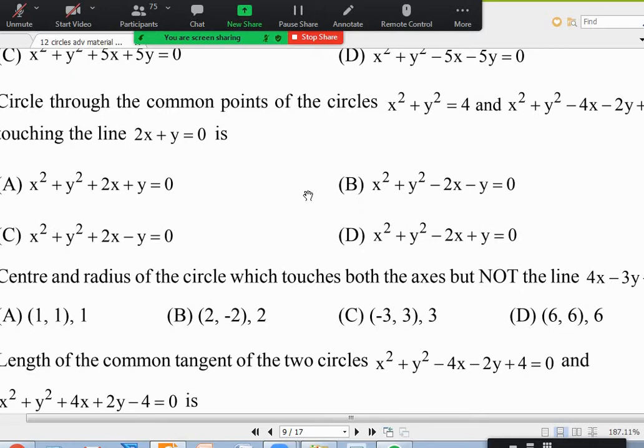Okay, I'm erasing this. Let's do 15th one. Okay, 15th one, basically the question is the two circles are intersecting at 2 points. They're looking for a circle passing through those two and touching a particular line.